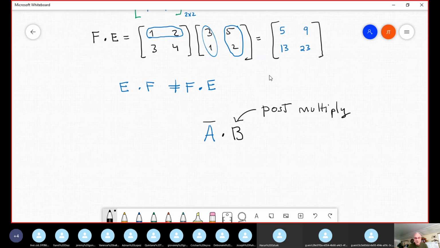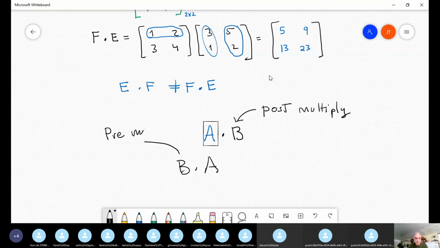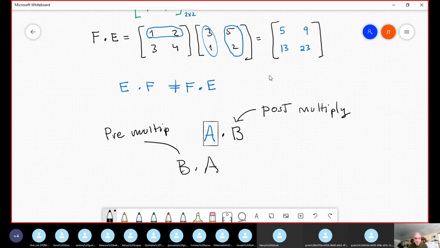So you have the original matrix A, you multiply by B in this direction, it is post-multiply. Suppose we have the A matrix and you multiply here. It's different. It's pre-multiply. Okay, so be careful because you need to be aware whether you post-multiply or you pre-multiply. It's totally different because you know that the multiplication of matrices is not commutative.